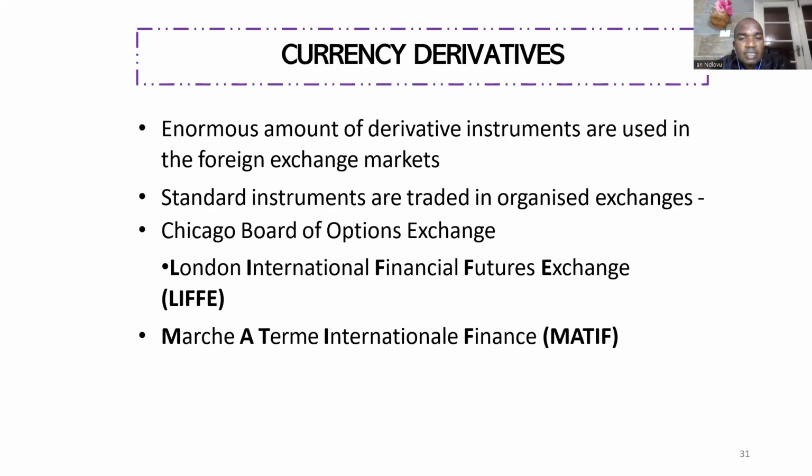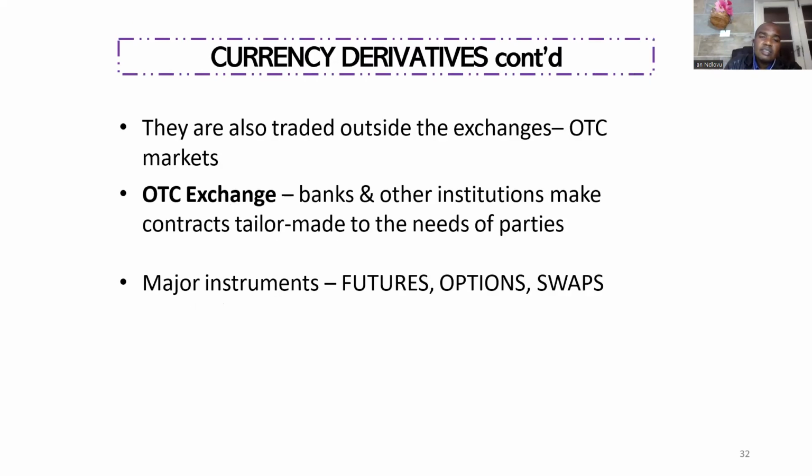to manage risk. Standard instruments are traded in organized exchanges like the Chicago Board Options Exchange, or the London International Financial Futures Exchange, LIFFE, or the Marché à Terme International de France, MATIF, in the case of France. They are also traded outside the exchanges, that is, in over-the-counter markets.